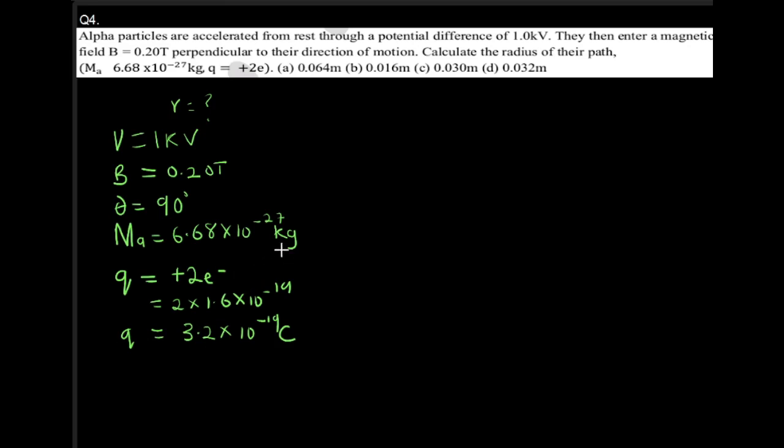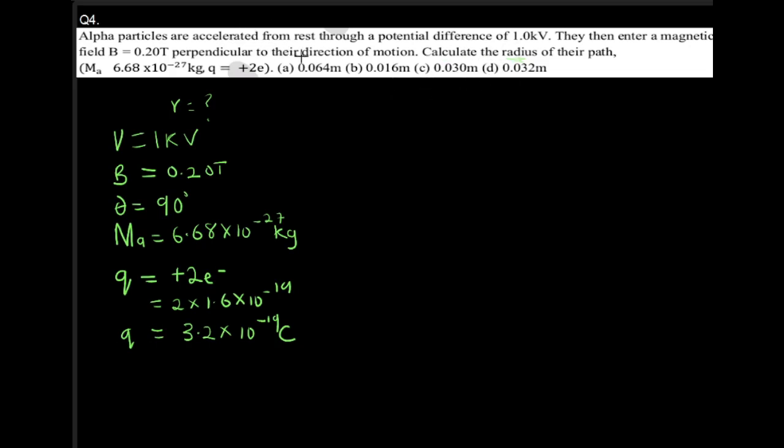So how do we go about this question? We're looking for the radius here. Because they said calculate the radius of their path, the fact that they mentioned radius simply means the path is actually a circular path.